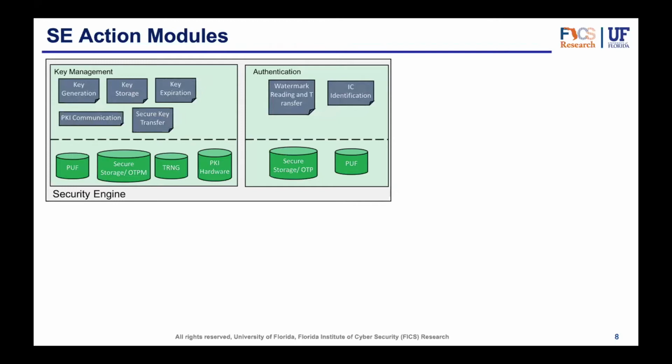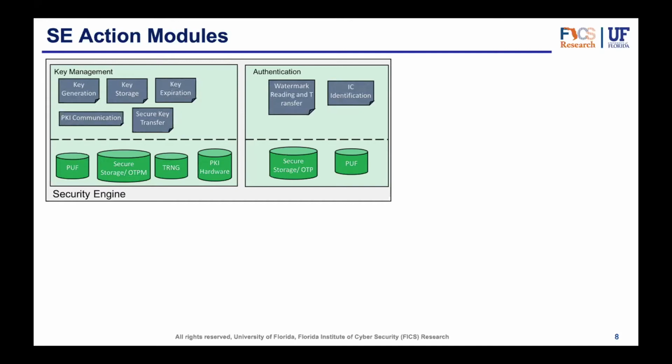Just to show you some examples, we developed the security engine with two items in mind. One is the functionalities, and the other one is the IPs needed to support those functionalities. So, a few examples. Key management means key generation, key storage, key expiration, having the PKI communication as well as secure key transfer.